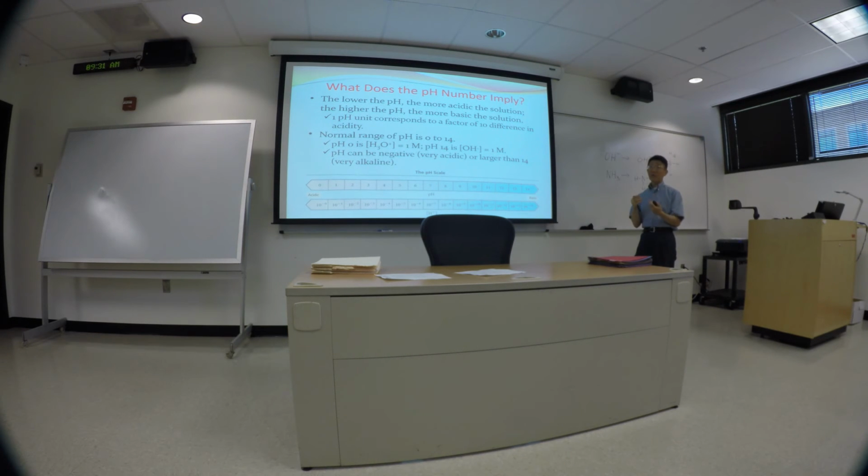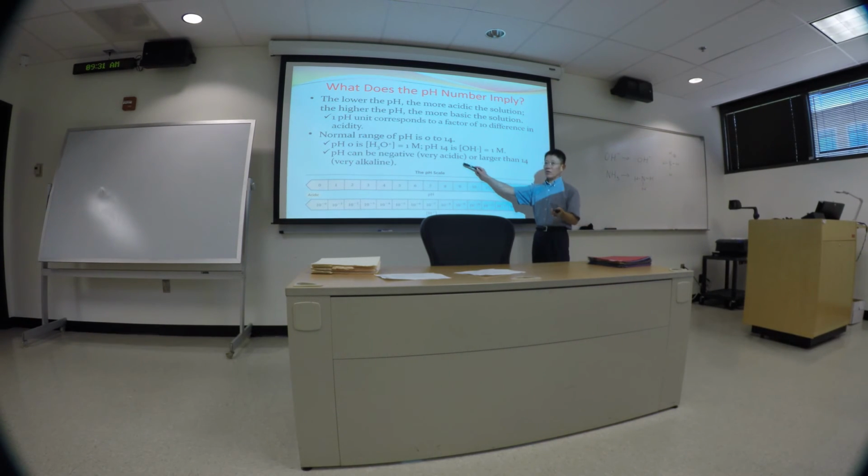Well, negative log of 0.1 will give you a positive pH of 1, because there's a negative sign to begin with. And when the concentration is higher than 1 molar, you could end up with a negative pH. So the negative number indicates a very acidic solution, a very high concentration of hydronium ion.